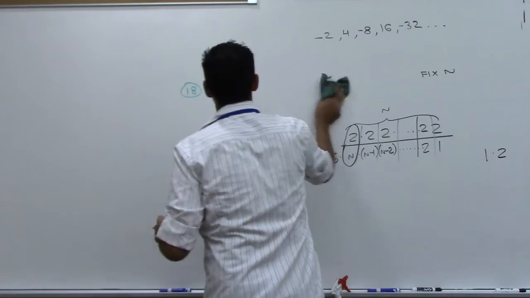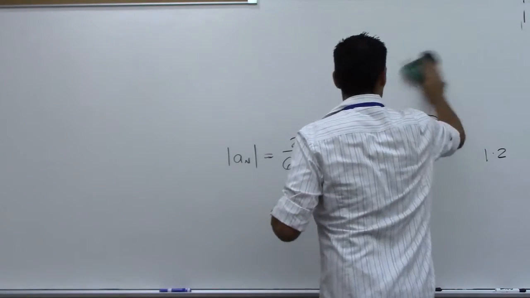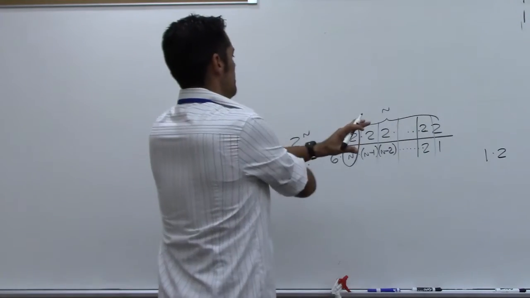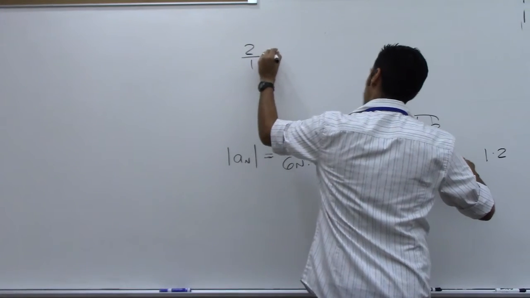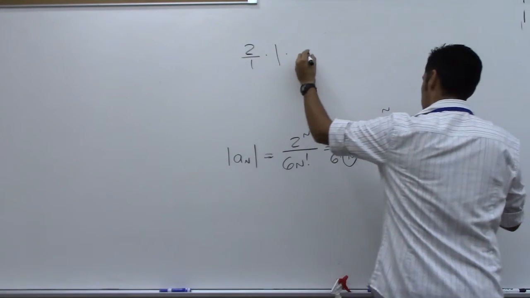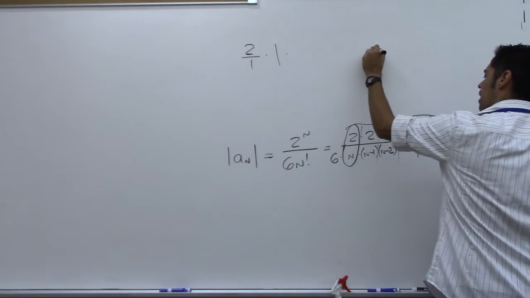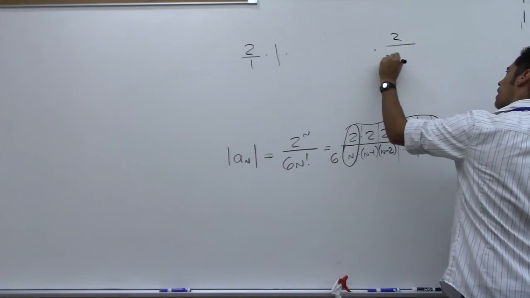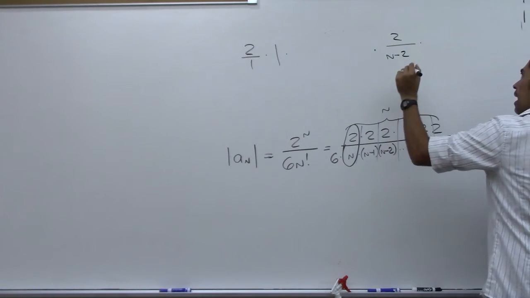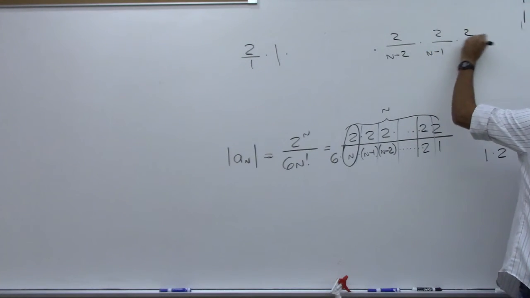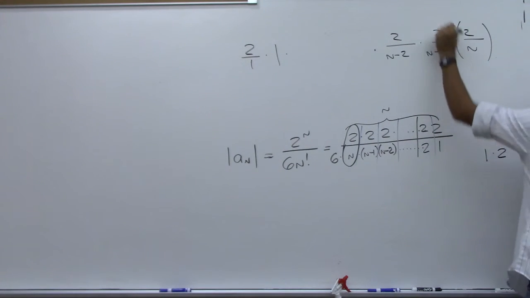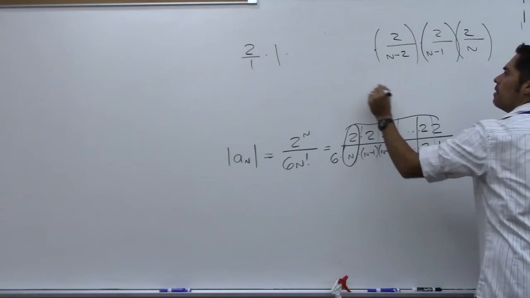I think it'll be easier if I swap it up. Let me rearrange things. Okay, I'm going to flip the whole thing over. So I'm going to put the 2 over 1 in the front, and then the 2 over 2, which is 1, times, and then at the back I've got 2 over n minus 2, and then 2 over n minus 1, 2 over n. So I'm looking at each of these here.